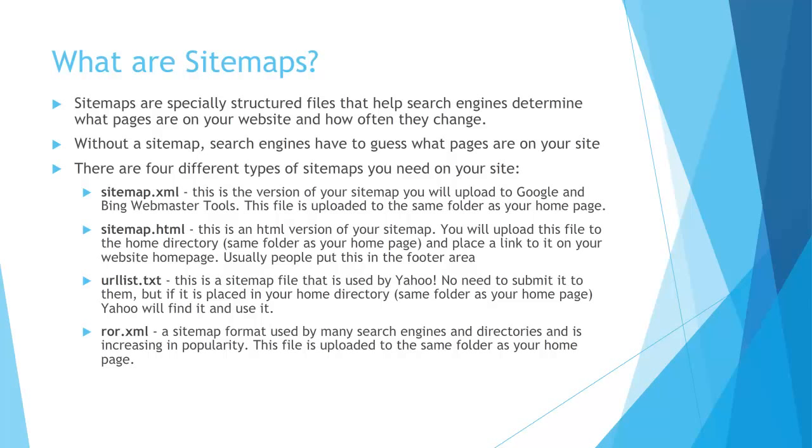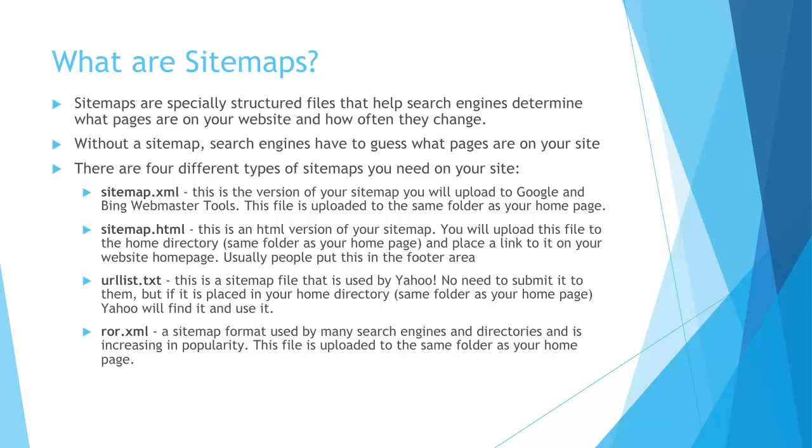And you've probably seen that before, and you may have even clicked on a link called sitemap on a website before. And when you do that, basically all you get is a listing of all the pages that are on that particular website. So sitemap HTML is the second format, and a very important sitemap file that you're going to add to your website.